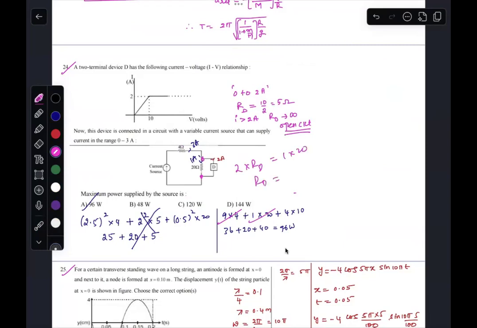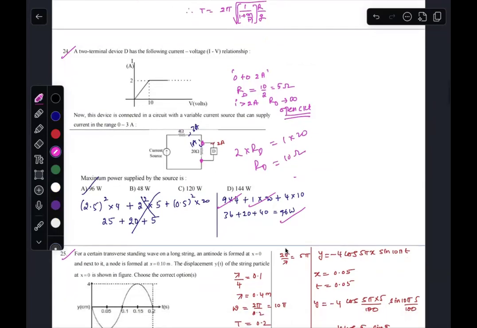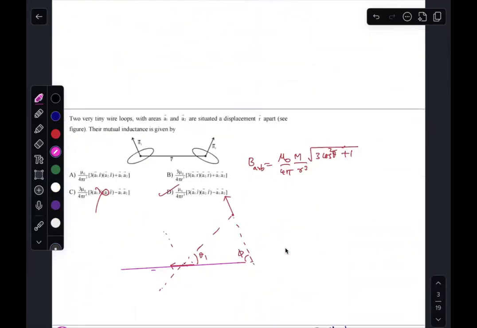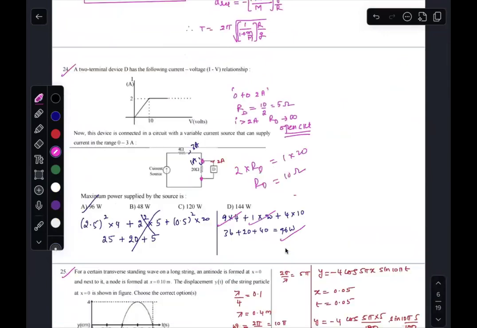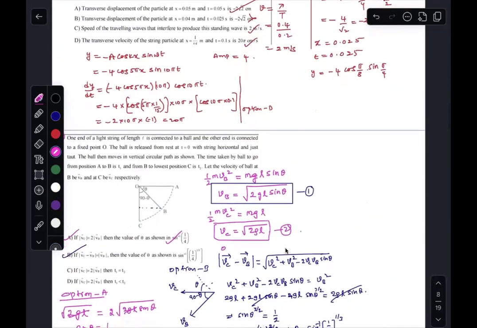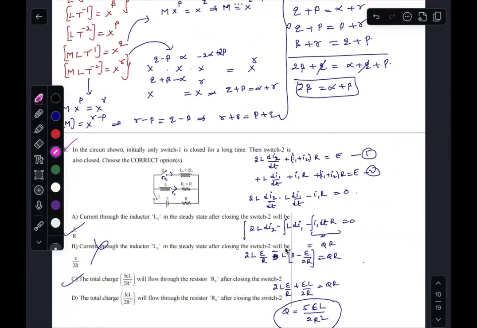Resistance of D is 20 by 2, 10 ohm at that instant. So I square, I got 96 watt. 96 watt is absolutely correct. This can be done. Please try to understand that till this point, questions 1, 2, 3, 4 can be done. Minimum 12 marks you will get. I'll discuss these questions later.